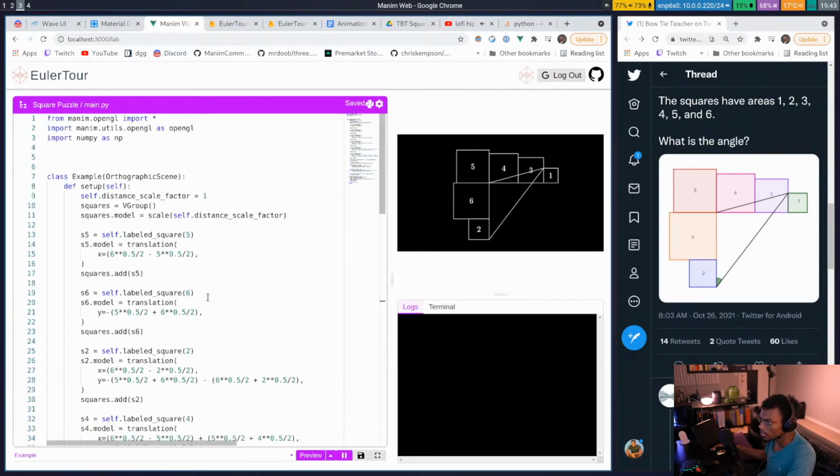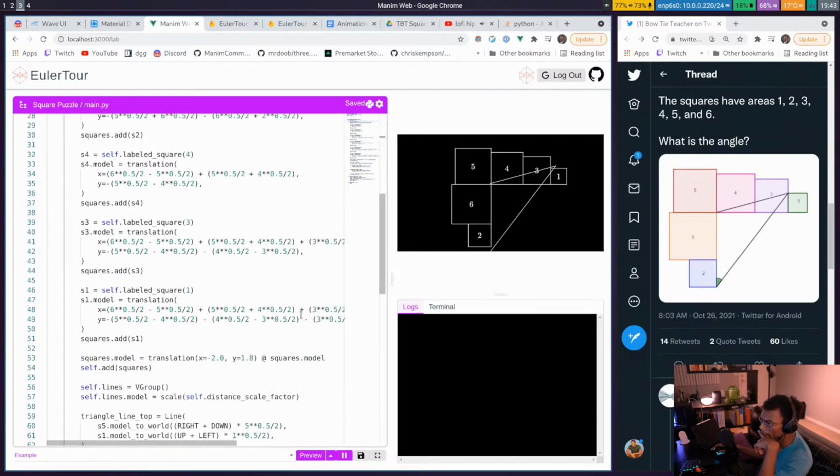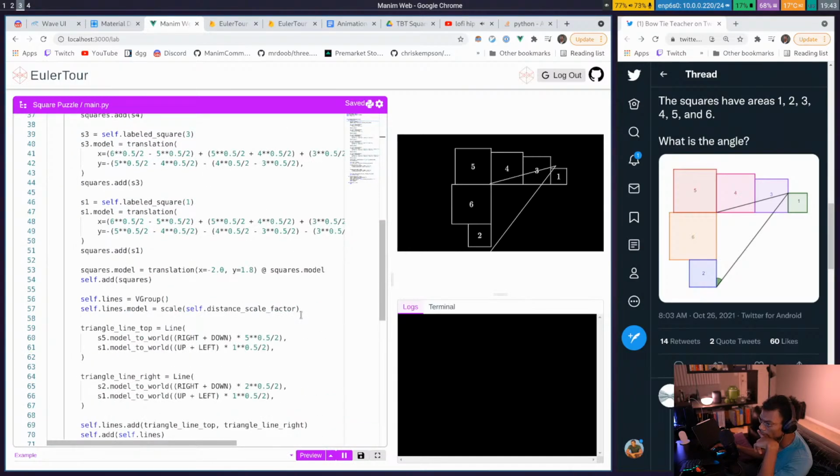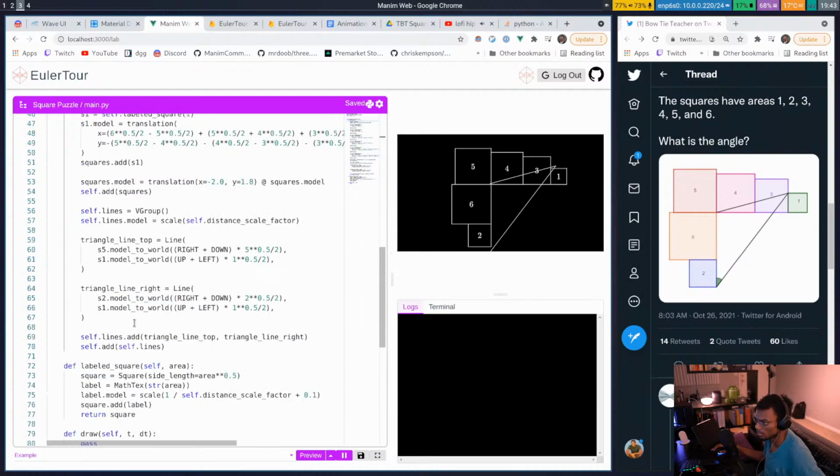Okay, cool. So why don't you just check if I scale this now? Oh man, that's a little off. Why would that be the case? If I'm doing model to world here.